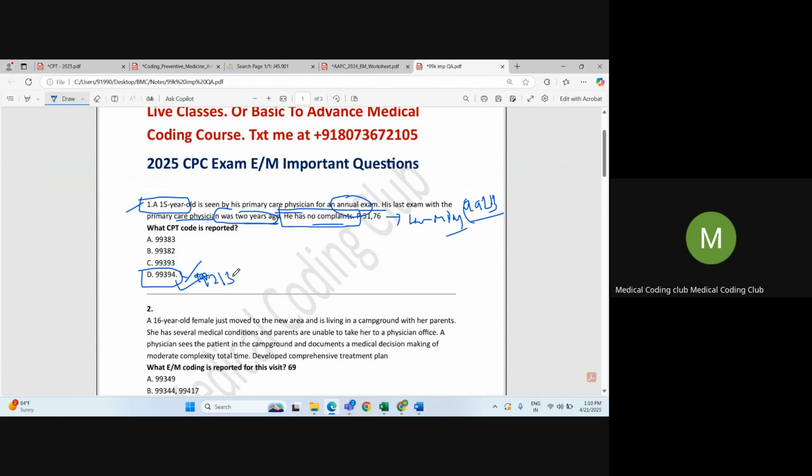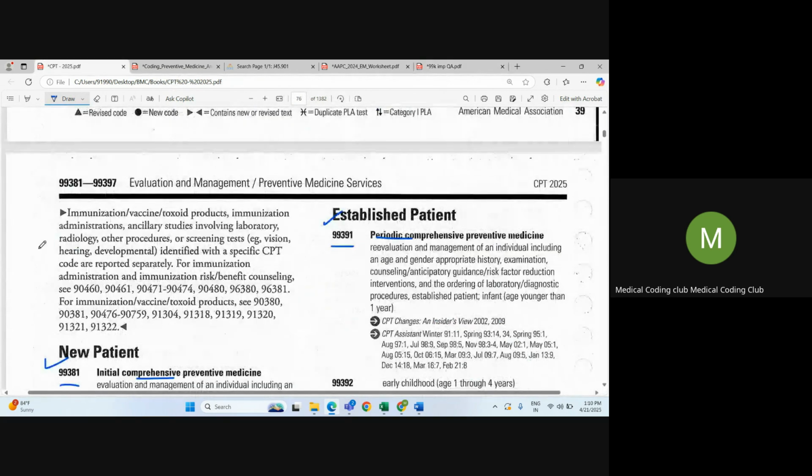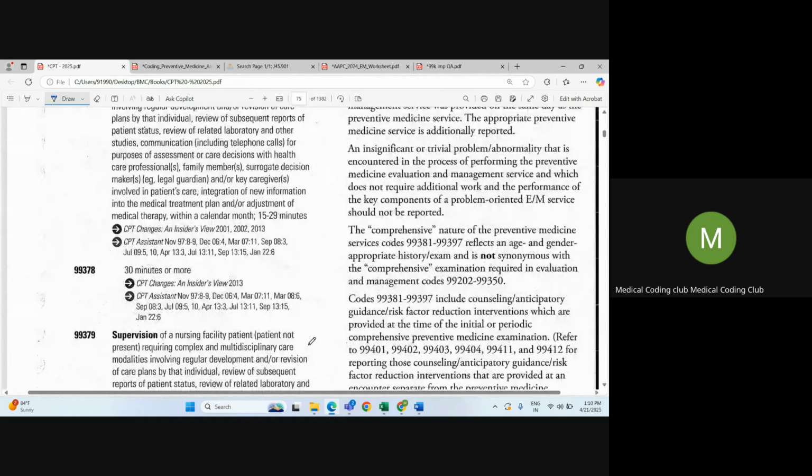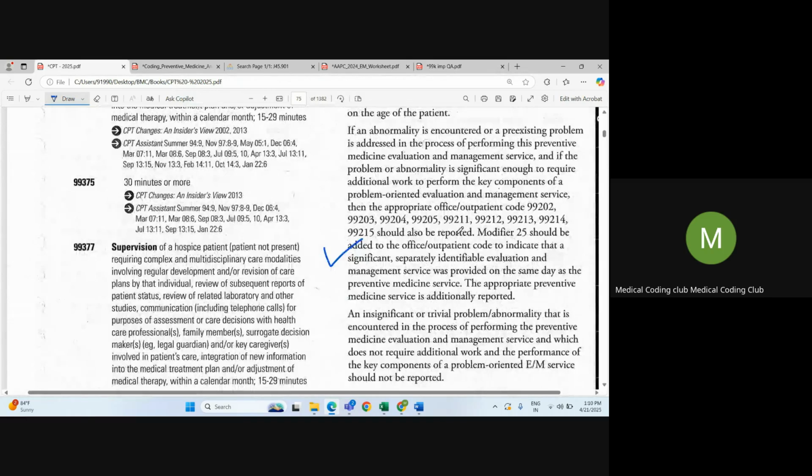With 99213, the very important coding guideline is that we need to use the 25 modifier. The 25 modifier must be assigned with 99213. Whatever E/M office or outpatient codes there are, we have to use the 25 modifier with them, not with the preventive codes. We have all the coding guidelines, so you can go and refer to them.